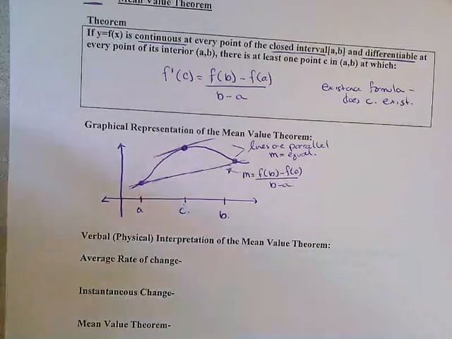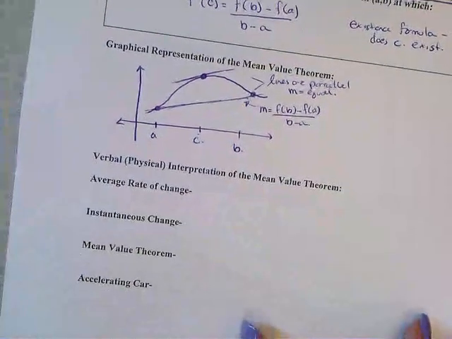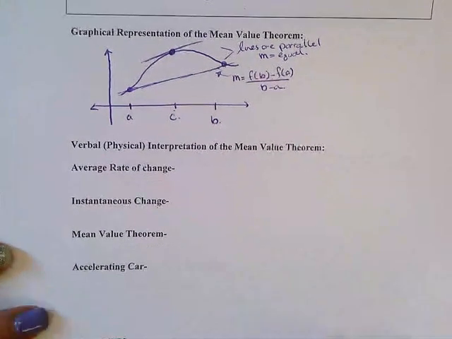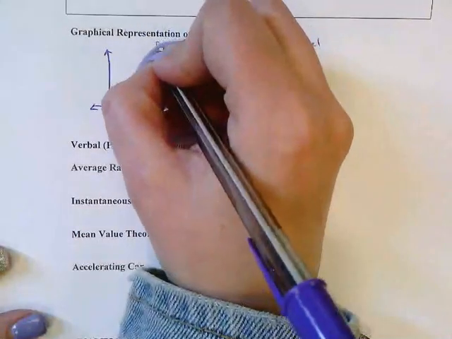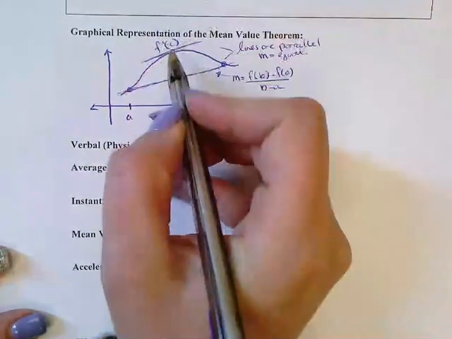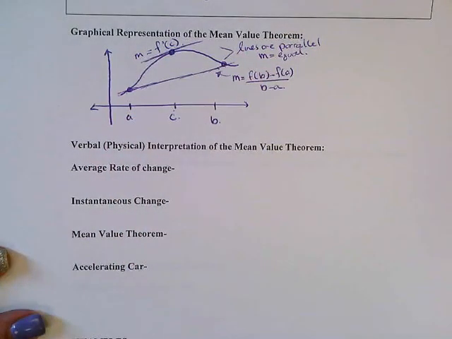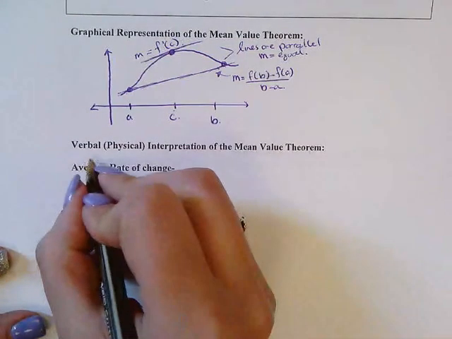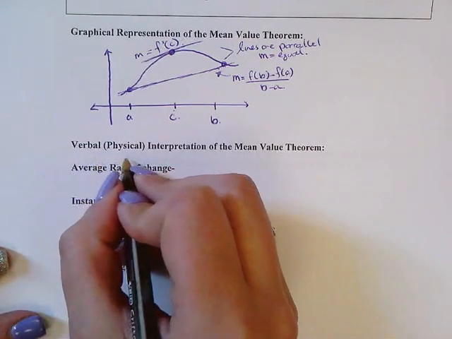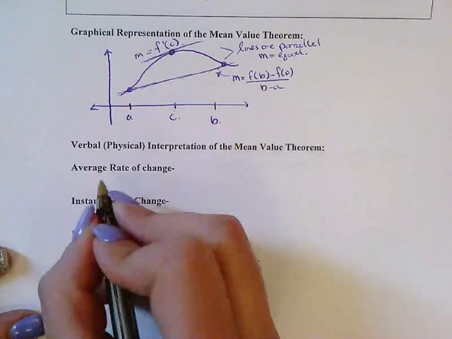All right? So there's a few different representations of what this is saying. Oh, and let's call this f prime of C right here. So that's the slope f prime of C. All right, so there is verbal physical interpretation of the mean value theorem.